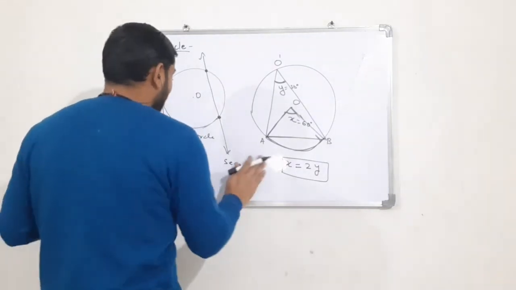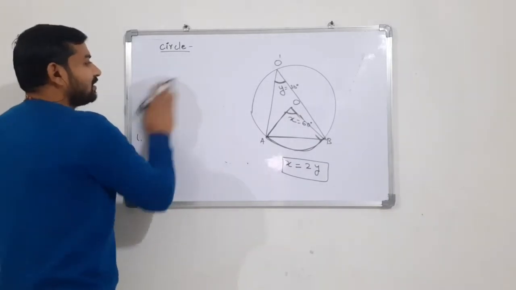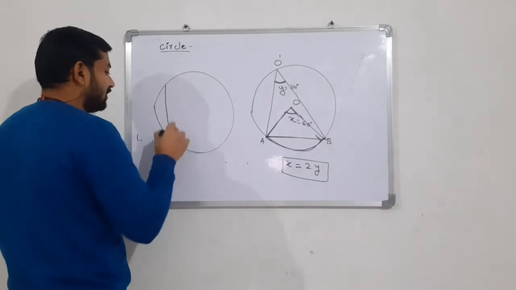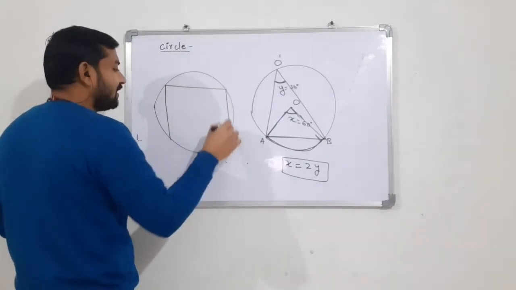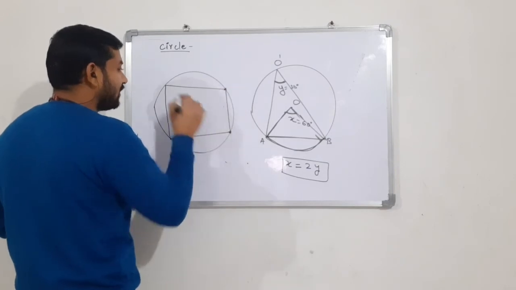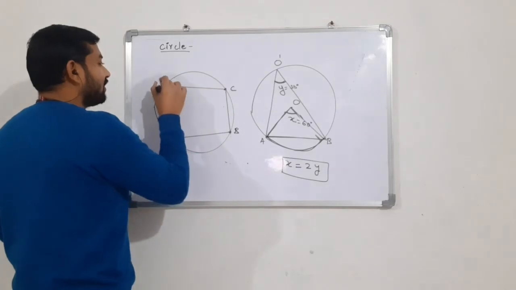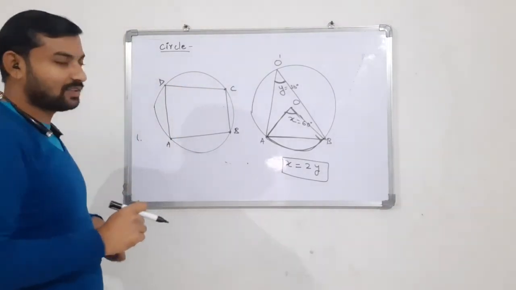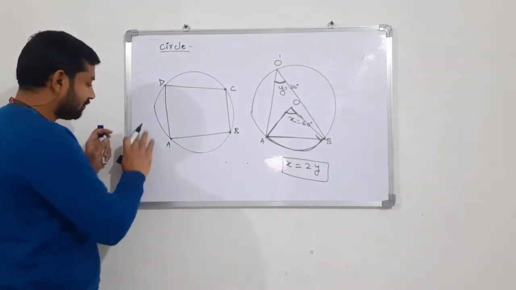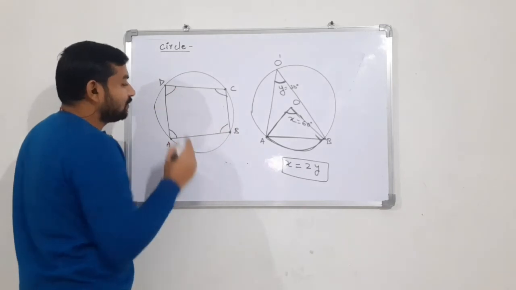Then let me come to a very simple discussion regarding the cyclic quadrilateral. Suppose we have a quadrilateral where all four vertices are on the circumference. The 4 points A, B, C, D all are on the circumference of the circle. Then in that case there is a very simple relation that we have to learn here.